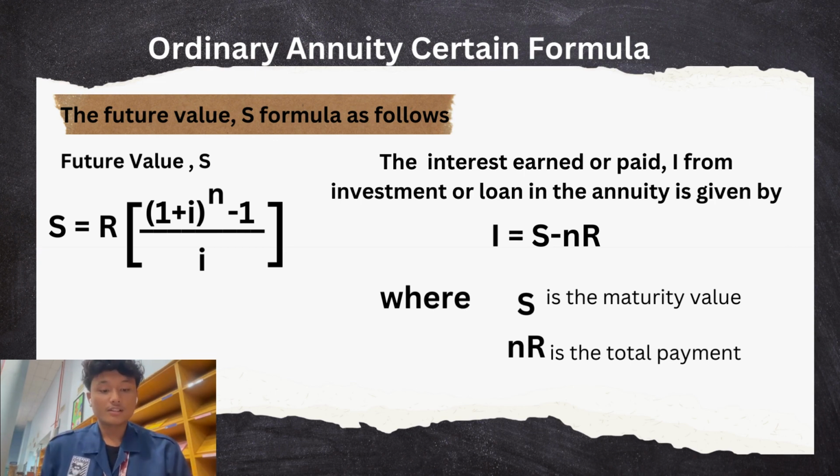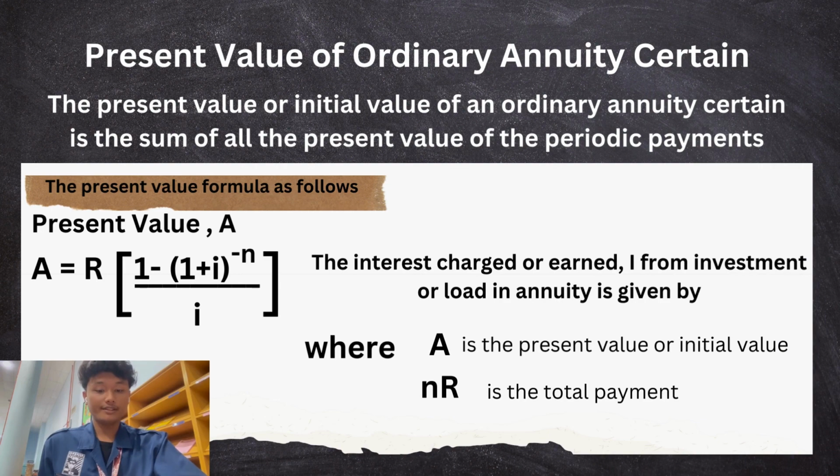The interest earned or paid, capital I, from an investment or loan in the annuity is given by capital I equals S minus nR, where S is the maturity value and nR is the total payment of the ordinary annuity contained.